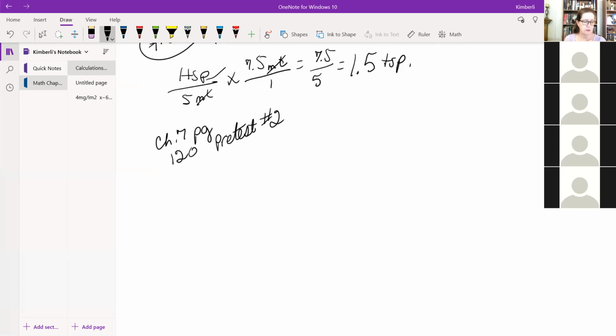PRN. So they're supposed to take it for 3 doses as needed. So if they take 1 dose, they wait 5 minutes, take another dose, wait 5 minutes, and then take another dose. That's like 10 minutes, isn't it? Or maybe longer that they've had this chest pain. So then it says if no relief, call 911 because it's an emergency situation.